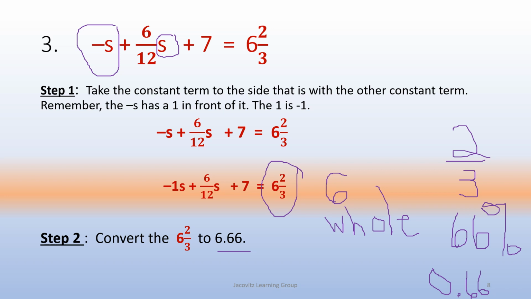Okay? So then all you have to do, since you already had the whole, and you have this side here, is go on ahead and do what? Add 6, and then add this part here, 6.66. Same as 6 and 2/3. They are equal.